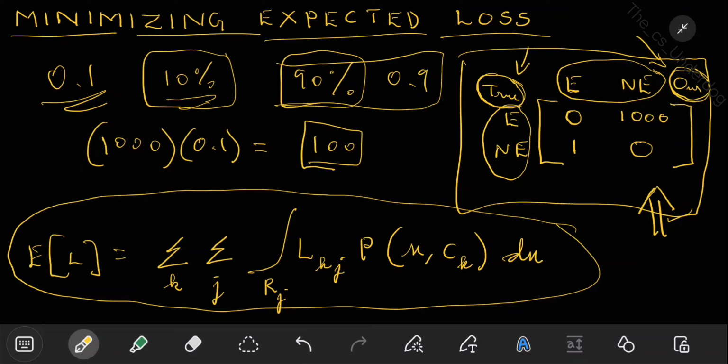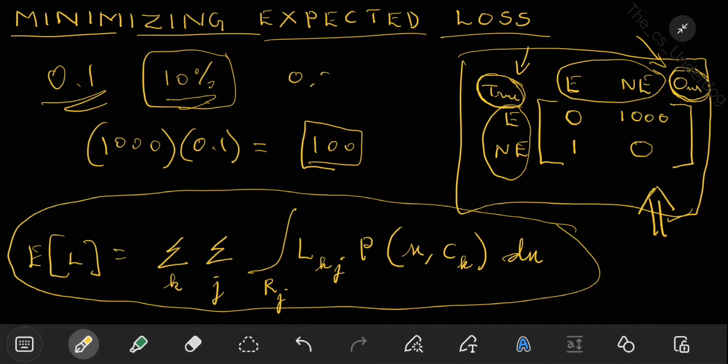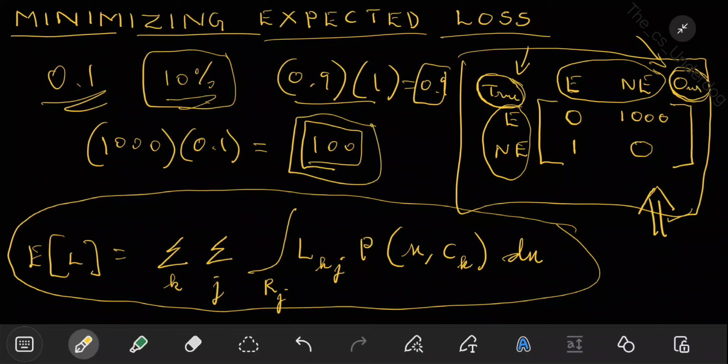This 90%, even if it is considering that it is a misclassification, it will only contribute as 0.9 into 1, because our loss here is only 1. So this will give a total value of 0.9, while the other one will give total value of 100.